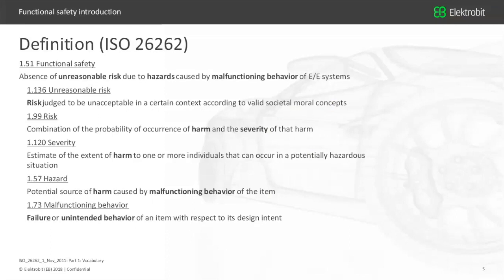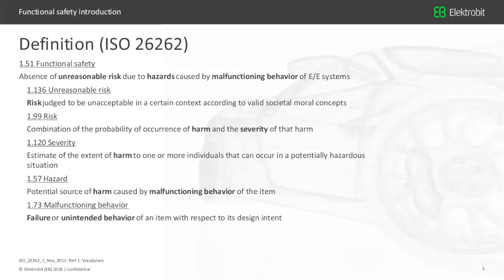And they define further that an unreasonable risk is a risk which is unacceptable in line with the social moral concepts currently available. That means already that this might change over time. So what was acceptable a few years ago might not be acceptable in a couple of years down the road. So here we already have some variance.